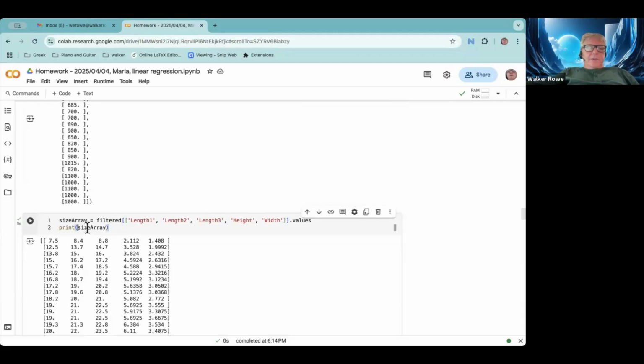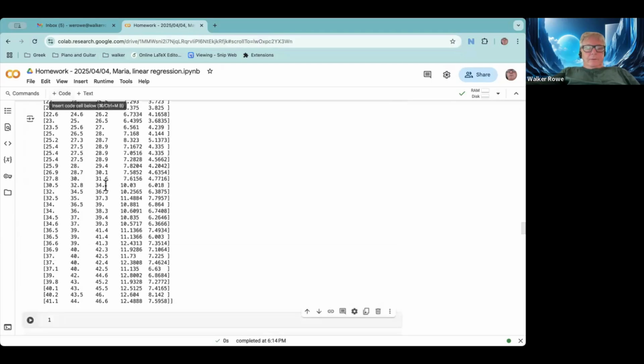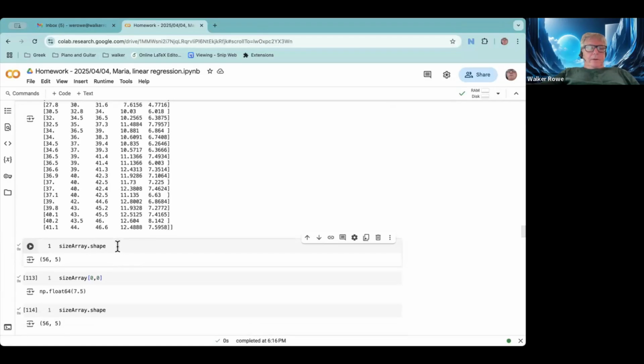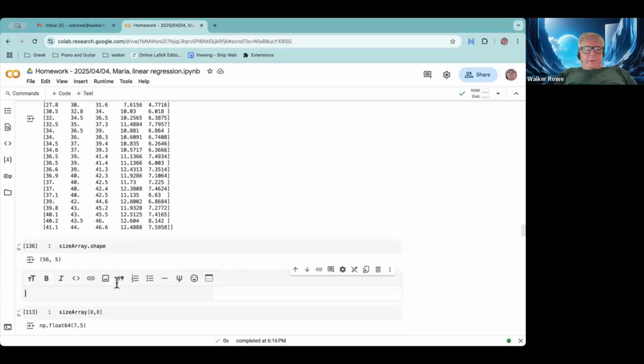So if we say, what's the shape of size array? It's going to be in the correct format. The correct format for the reg fit method is shape samples, features.